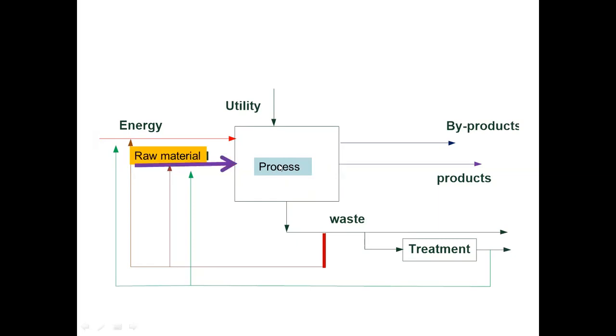Then we need raw material for the production process. We need energy. The energy may be in electricity, or maybe in fuel wood. There may be biomass. The biomasses are fuel wood and so on.